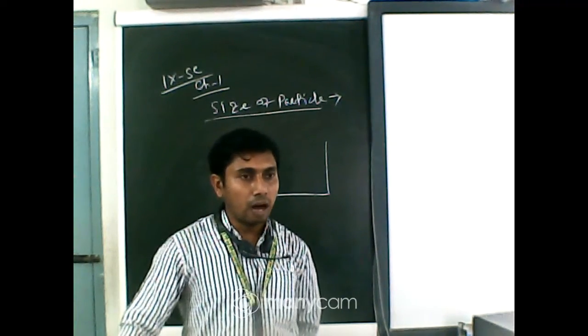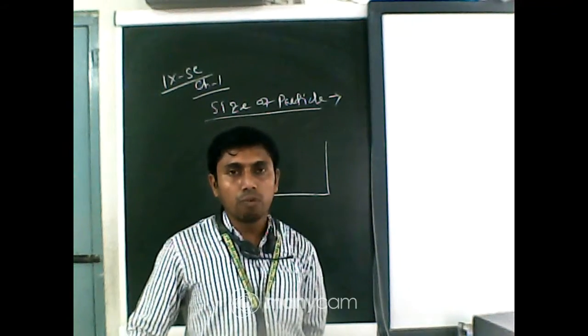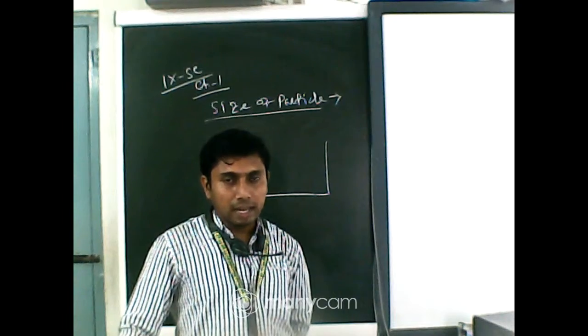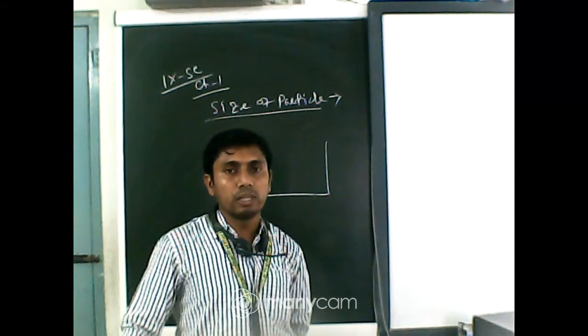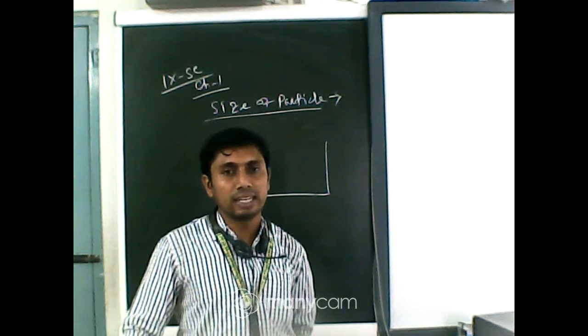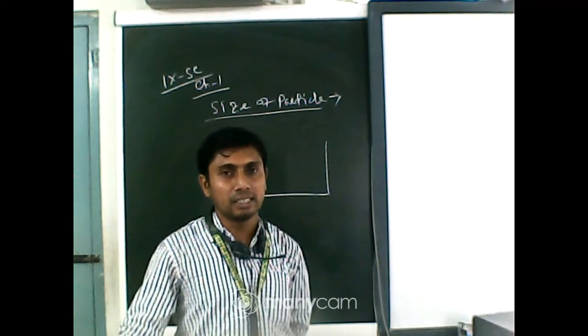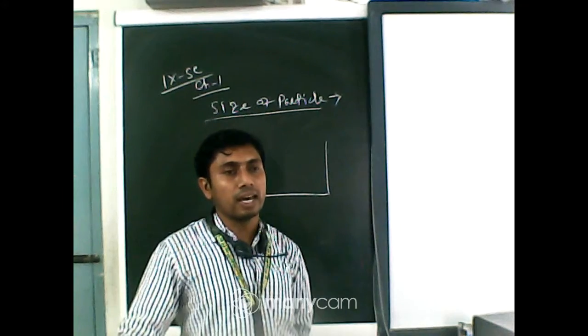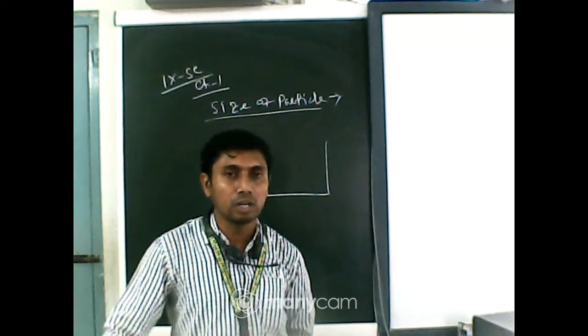Now how are they moving? They are moving in a zigzag, and all the time the particles collide with one another and there is a change in their kinetic energy after each collision. These collisions are called elastic collisions.